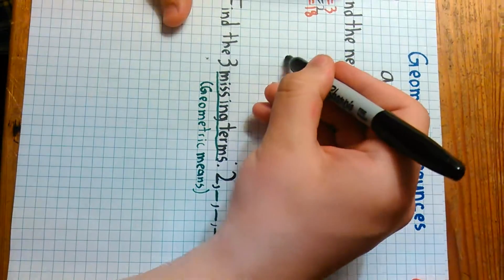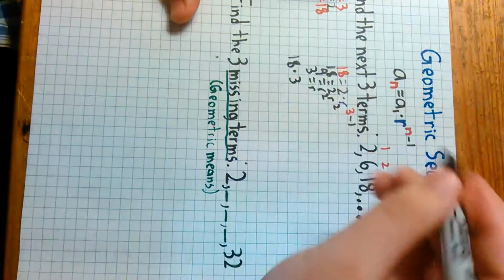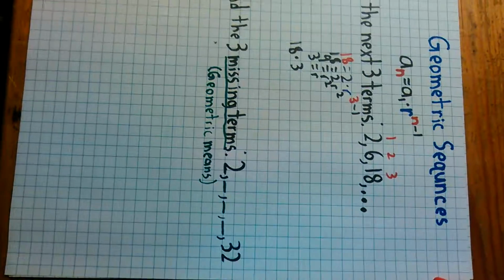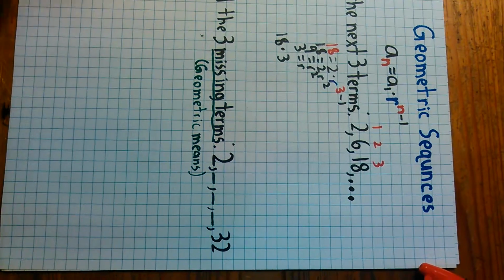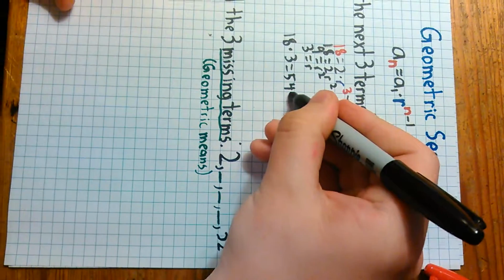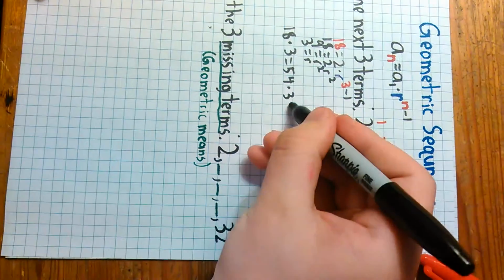Now to find the last three terms, we just start with our last term, which is 18, then multiply it by 3 to get the next term, which is 54. And we multiply that by 3 again to get 162.